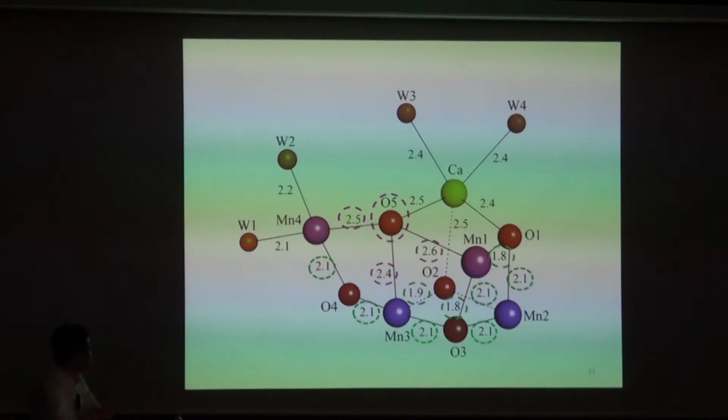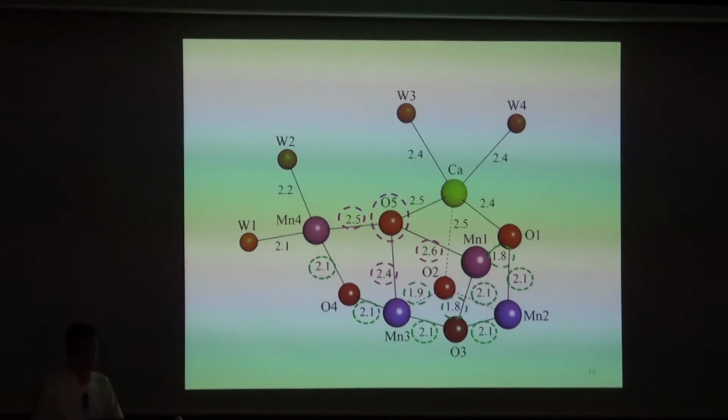So this suggests that this oxygen 5 atom is in a specific position, different from the other 4 oxygen atoms. And because the bond length of this oxygen to nearby manganese is extremely long, this suggests that this O5 atom binds weakly to the nearby manganese ions, which in turn suggests that this oxygen may be easily cut out during the reaction cycle.